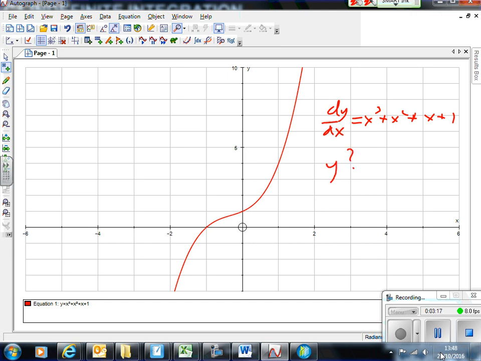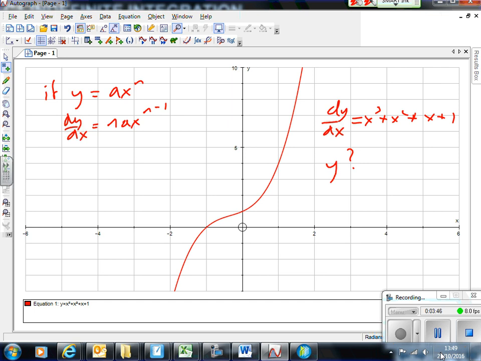Well, if integration is literally the opposite of differentiation, you know that for differentiation, if y equals ax to the n, the power came down, didn't it? And then we subtracted 1 from the power. So wouldn't it make sense then, if integration is the opposite of differentiation, to do it in the reverse order?